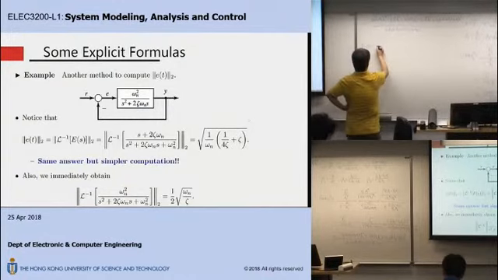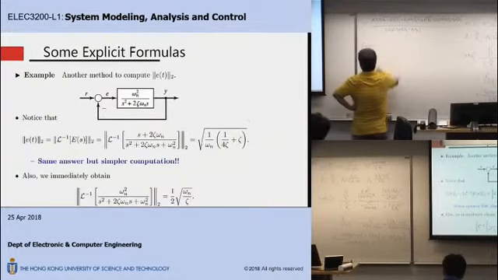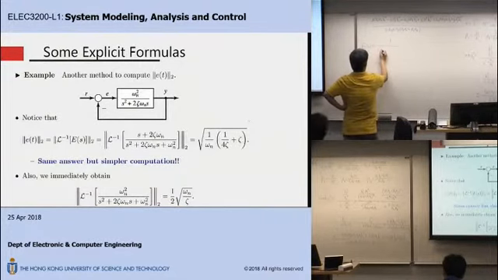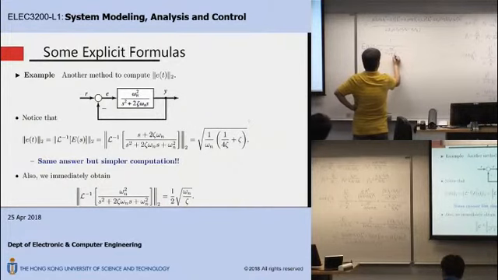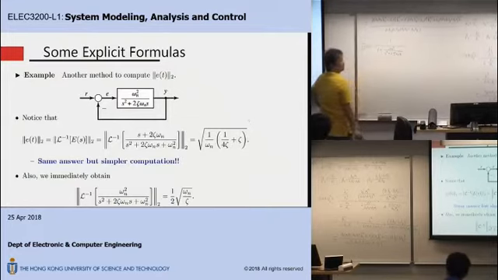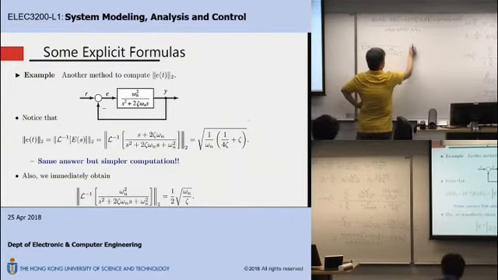So that's actually 1 over 1 plus omega n squared over s squared plus 2 zeta omega n s, times 1 over s.